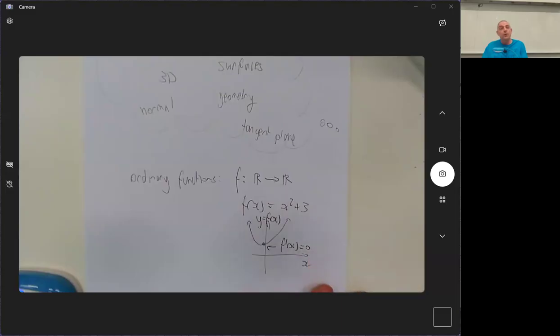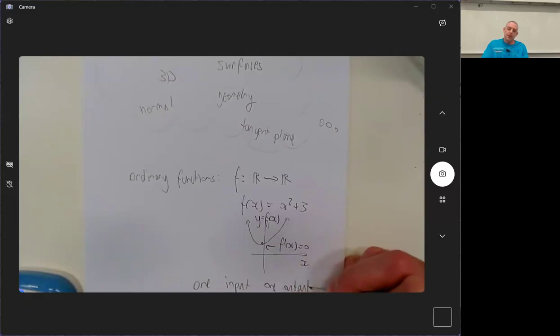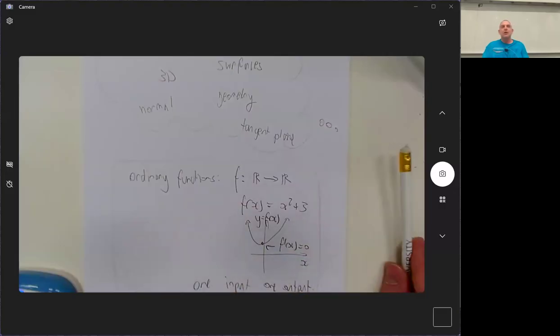Those sorts of things, we want to borrow for things that are related to multiple inputs. So this has one input. Because most situations that you want to use maths for, especially if you're going to build something or do economics, have multiple inputs and one output.